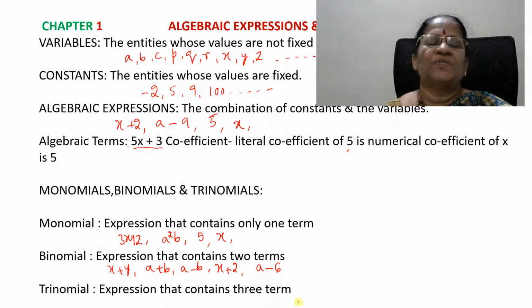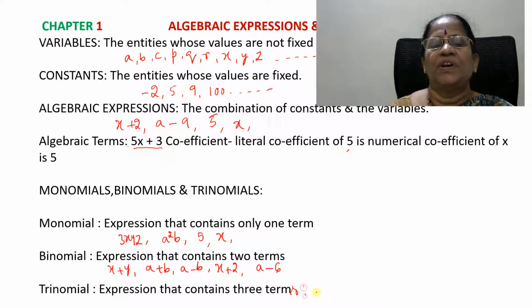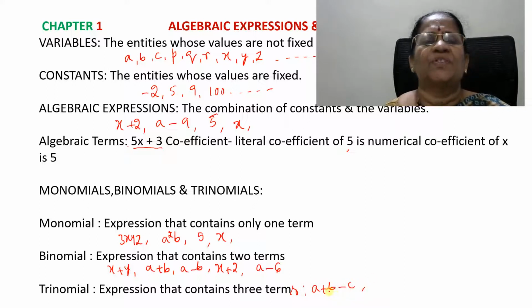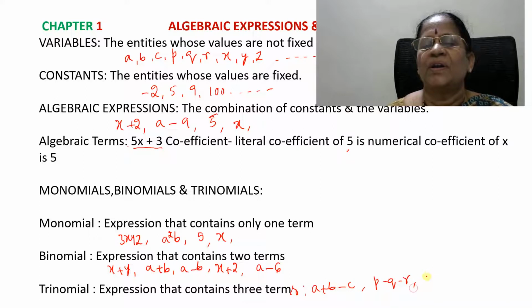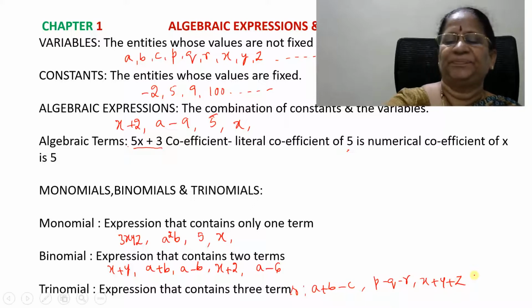Then trinomial is one which contains three terms. Okay. So it may be a plus b minus c. There is no hard and fast rule that they should have only plus sign. A plus b minus c. Or it may be p minus q minus r. Or all the three may have positive sign only. x plus y plus z.